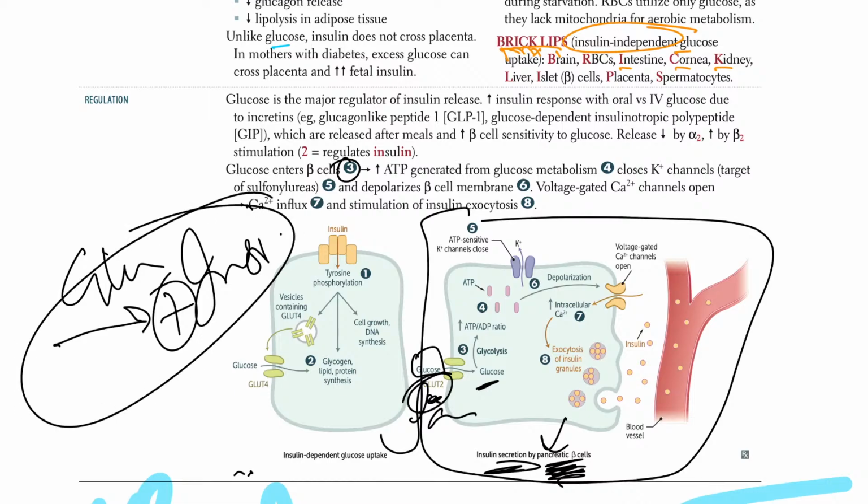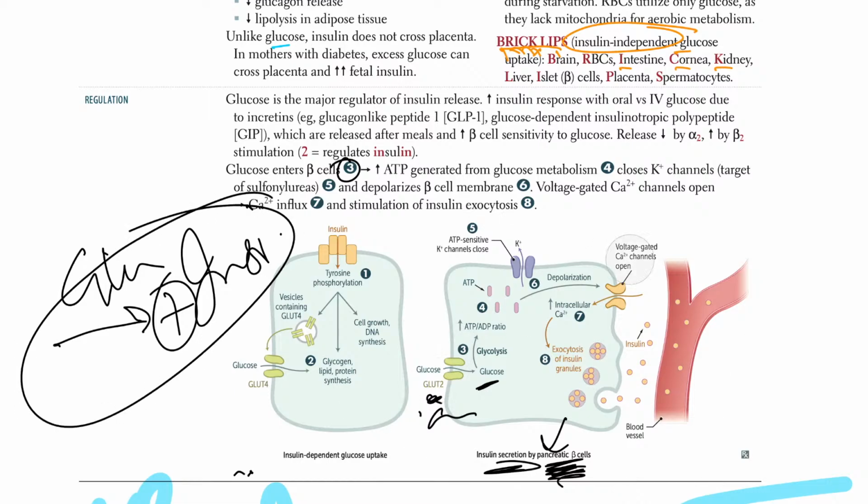That's the main idea here. Now the small steps, how it really happens, is as follows. The glucose goes into glycolysis within the pancreatic beta cells. Glycolysis causes an increase in ATP production, right? There's an increase in ATP.